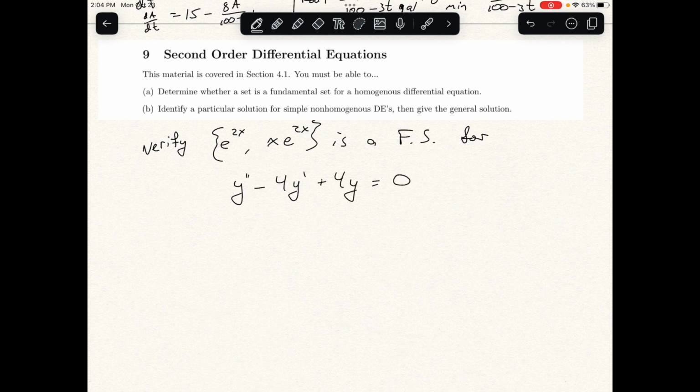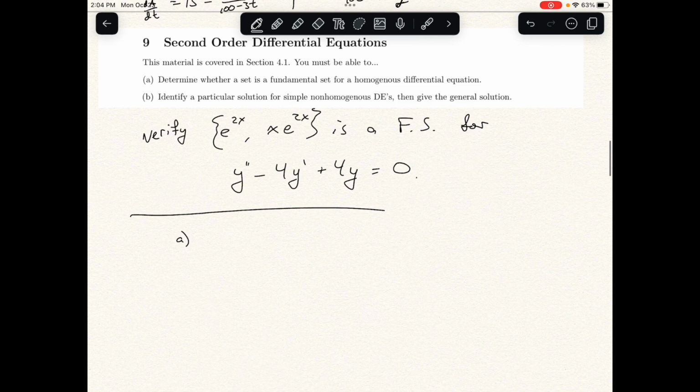And so you need to do two things to check that. The first thing that you need to do is actually plug your y1 and y2 into the differential equation. So y1 is e to the 2x, the derivative is 2e to the 2x, the second derivative is 4e to the 2x.